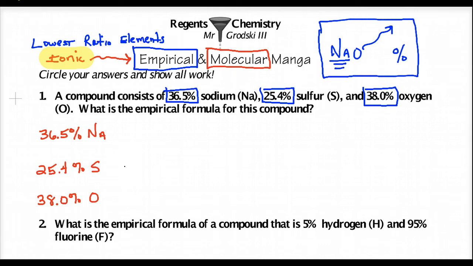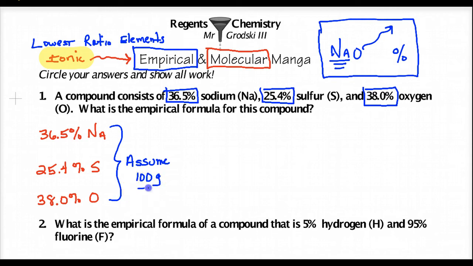Don't know, don't care. What I will do, though, to make life easy, the first thing I want to think is I'm going to make an assumption. And I know when you make an assumption, you make a donkey out of you and me. I'm going to assume a 100-gram sample. Now I can assume any sample, 1,000-gram, 550, but I'm going to make my life easier.